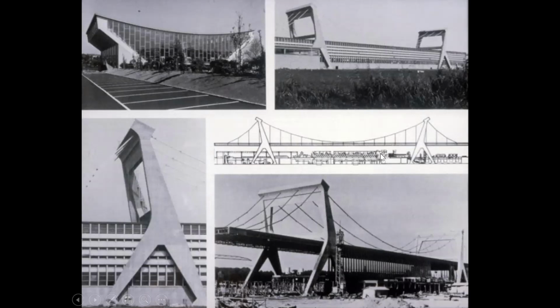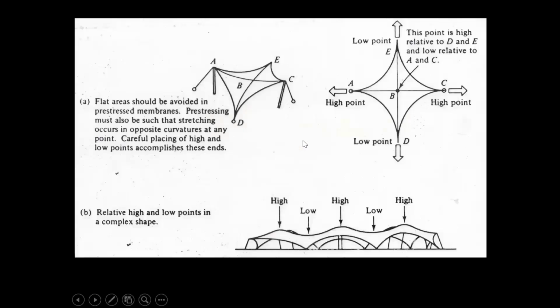And that was the design concept. The design concept was to just have structure that enhanced the flow of the paper manufacture. And so Nervi came up with this amazing tension catenary structure to support the roof.